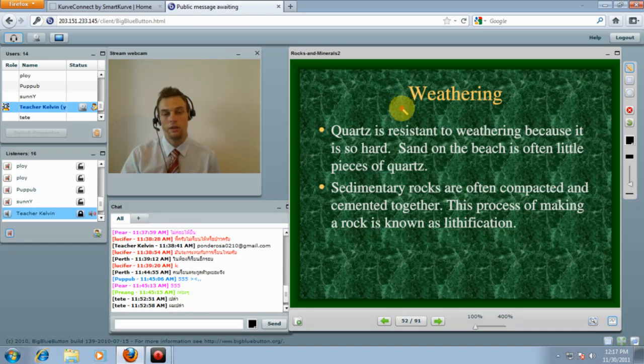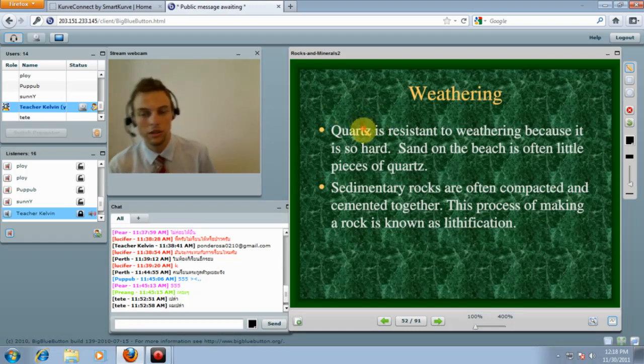So those precious gemstones that we talked about earlier, diamonds, rubies, emeralds, they're very resistant to weathering because they're very dense. They're very hard. Quartz is the same way. You often don't find very, very small particles of quartz because it takes much longer to break down. You don't ever really find one little tiny piece of quartz. You usually find it in bigger chunks.